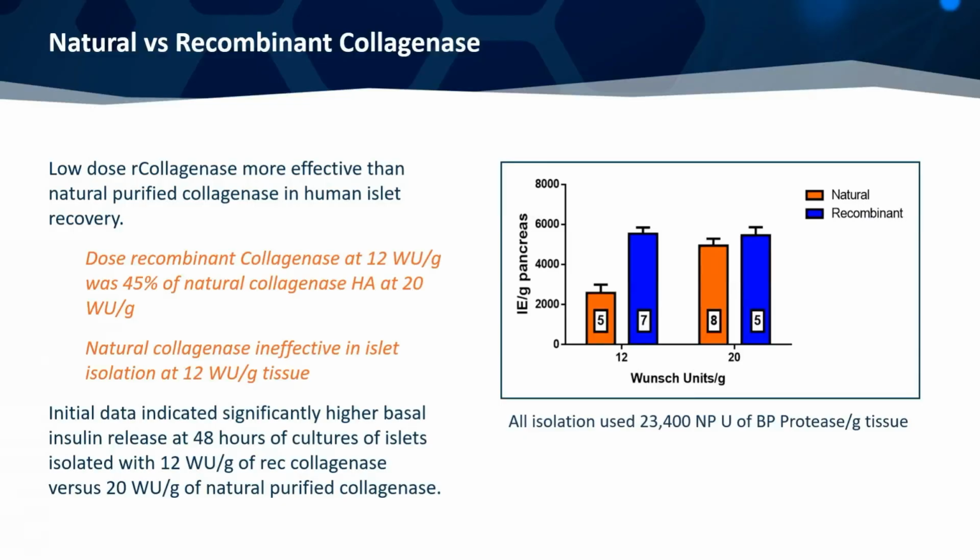Studies now at the University of Alberta in Edmonton have shown that you get significantly better in vitro glucose stimulated insulin release by islets isolated with recombinant enzymes versus natural purified, and you get significantly higher recovery of islets after short-term culture, which leads to more islets being transplanted into patients.